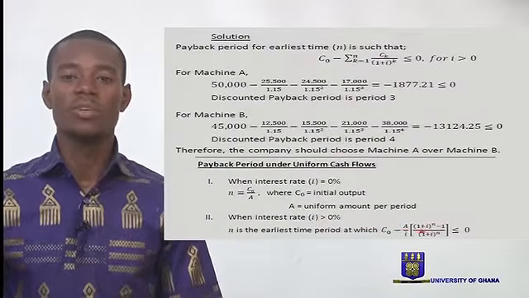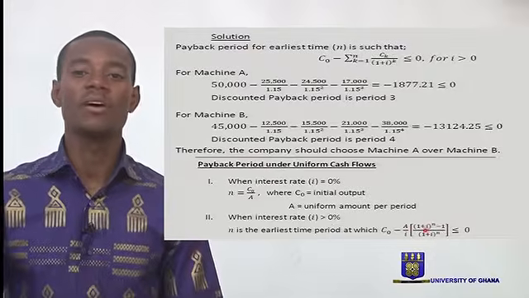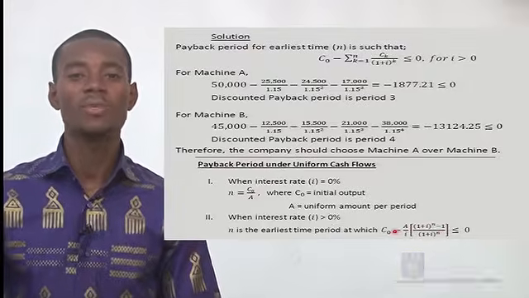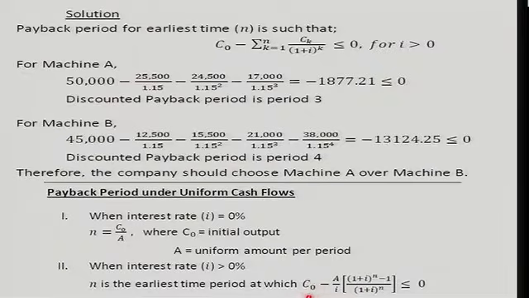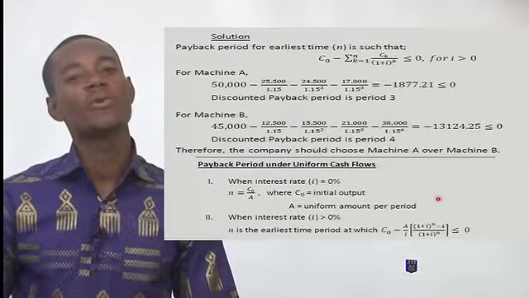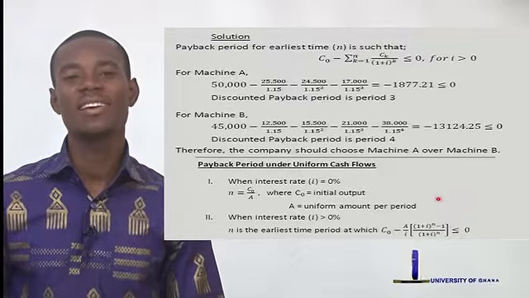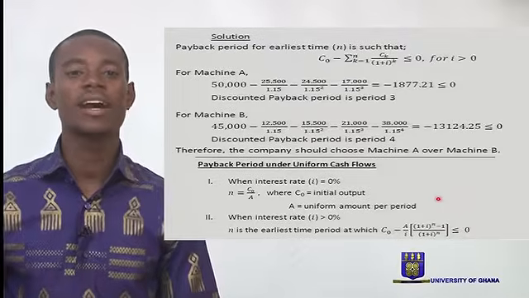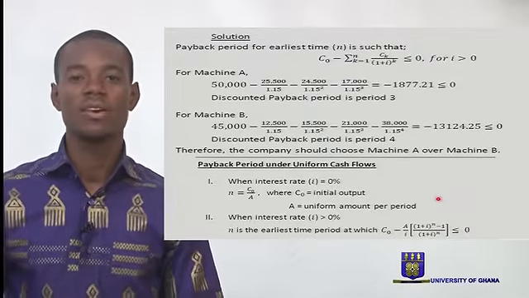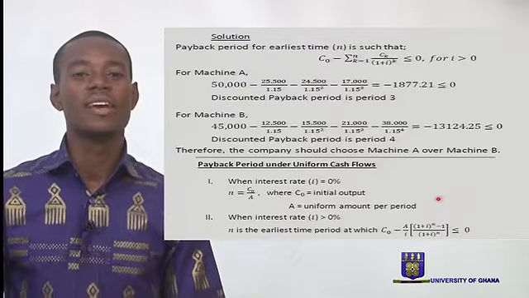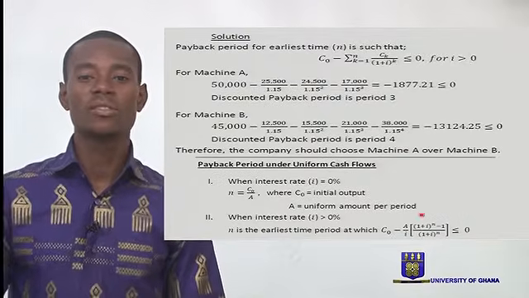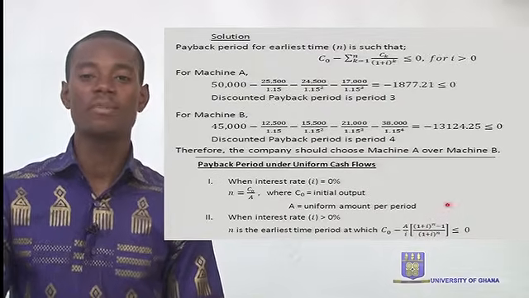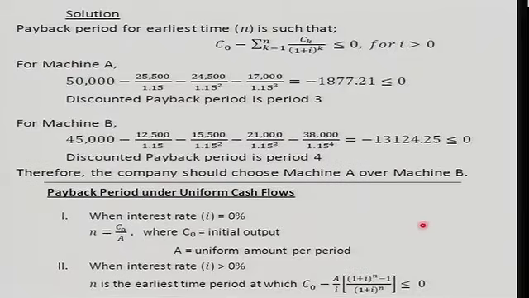We discount whatever inflows that we have, and then we deduct it from the initial investment. But in the case of a uniform cash flow, we are going to adopt a little trial and error kind of method, because we are going to be using this formula that can put in all the years at once and find the present value for you.